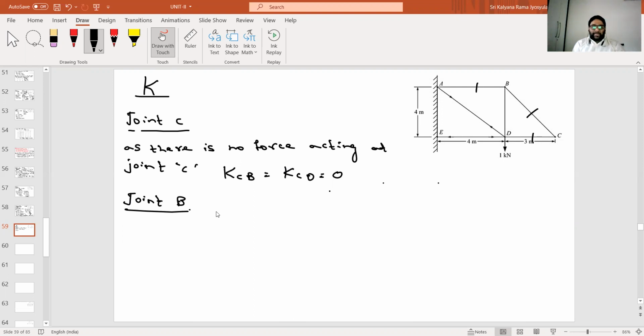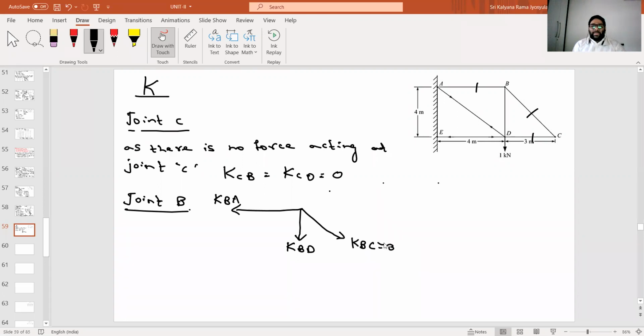Now you see, I will sketch it. So see here, this is KBA, KBD, KBC. Now KBC is equal to 0.